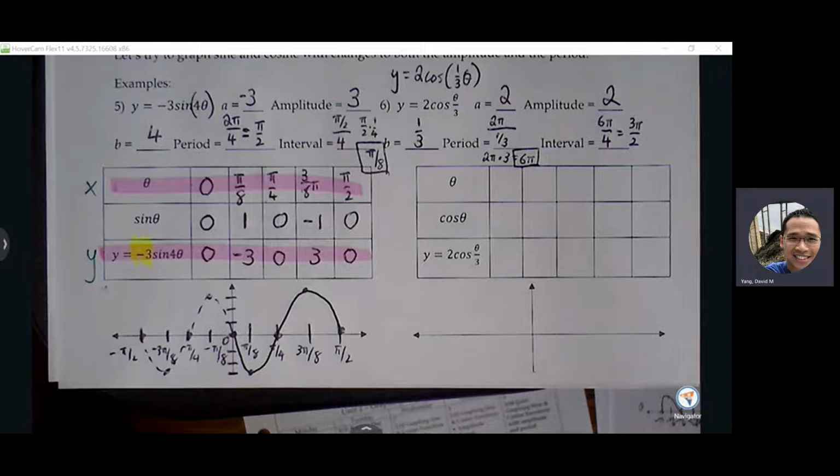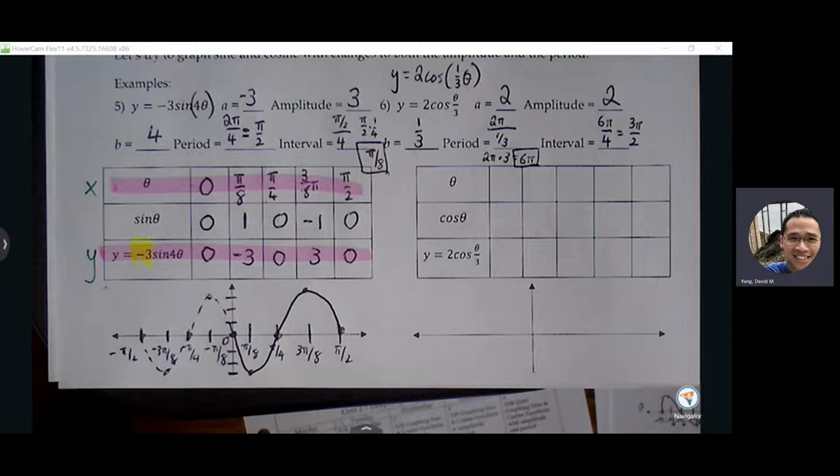Okay, let's check our progress so far. You can push that 3 in the denominator out in front as 1/3. So 1/3 is your B value. Your A value is the 2. So 2 pi divided by my B, 2 pi divided by 1/3, is the same thing as 2 pi times the reciprocal, 2 pi times 3, which is 6 pi.